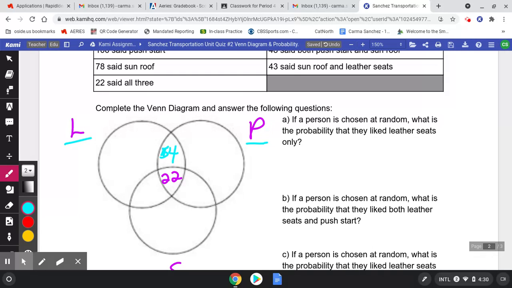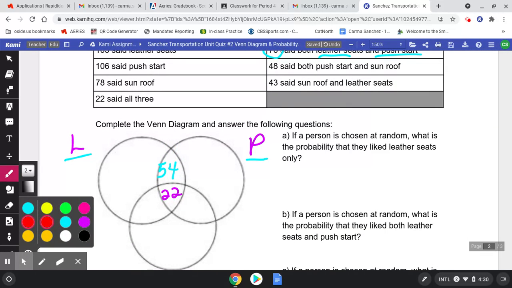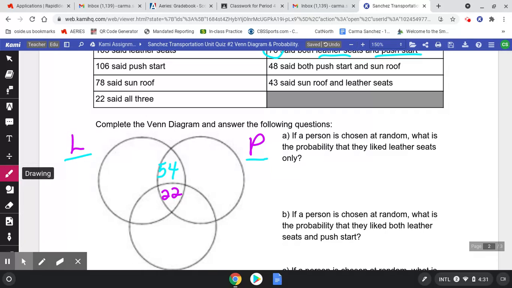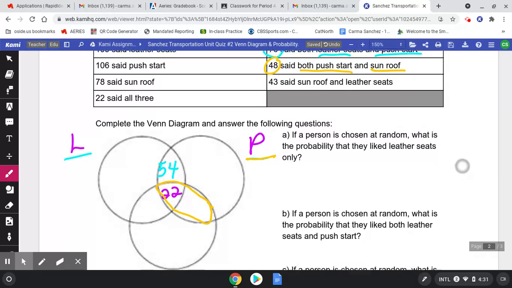All right, let's go do one of the other intersections. Let's go do push start and sunroof. We're talking about 48 that want push start and sunroof. So this intersection right here is for the total of the 48.